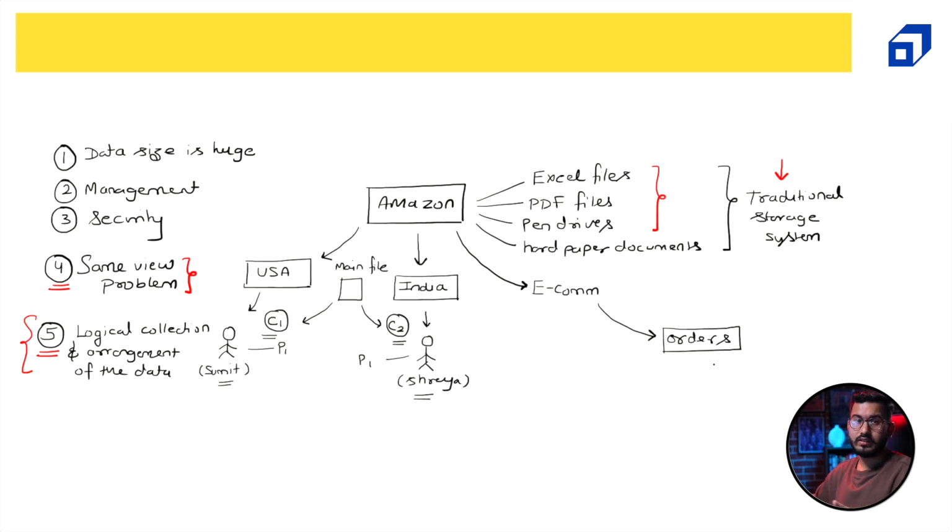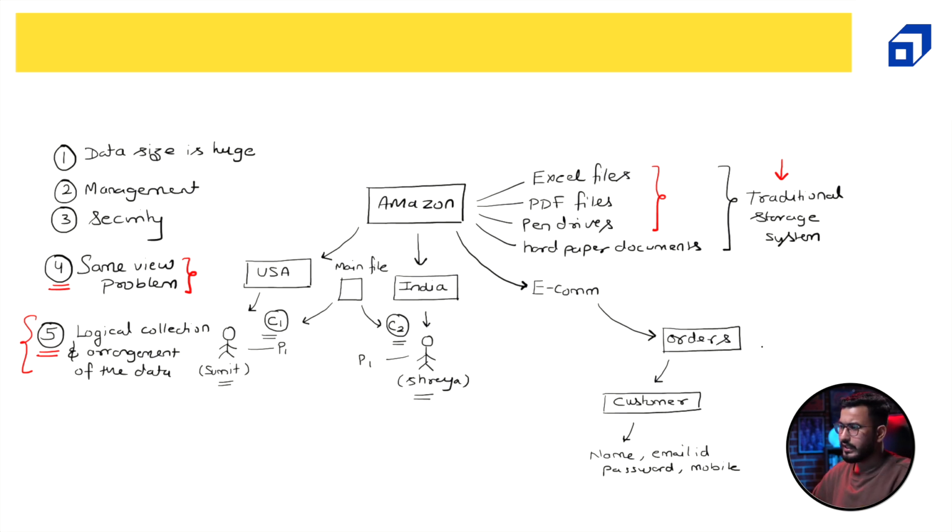Then each order would have the customer's data, so which order was placed by which customer. So we have the customer's data over here. Then we will have the customer details, like the name of the customer, the email ID, the password, the mobile number, and other customer-centric information.